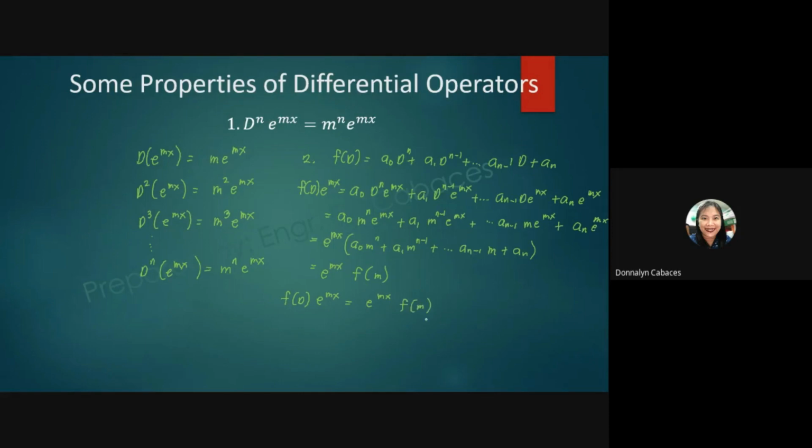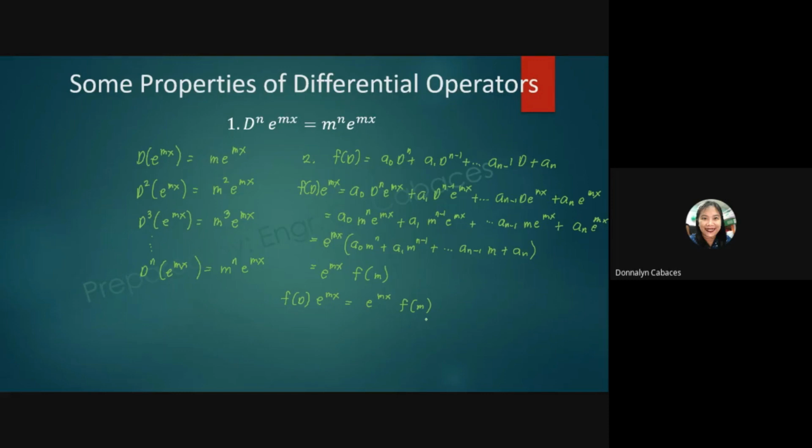So this will be actually used in the forming of the so-called auxiliary equation, why a differential operator can be formed in the so-called auxiliary equation, which physically, as you see, is just changing the differential operator D to m. But this is actually the property of the differential operator, why we can have that.